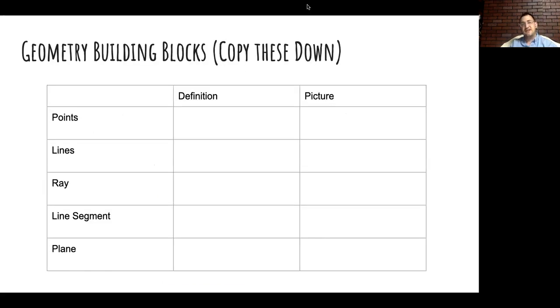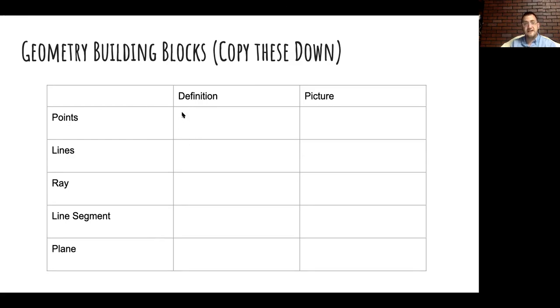All right, so let's get to the business right now. What you should be copying down in your notes is this table with a written definition, and I'm also going to include a picture as well.